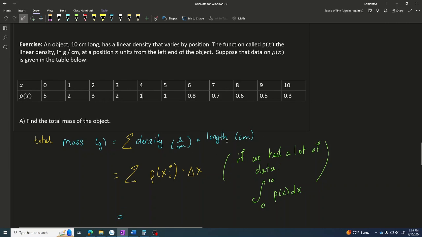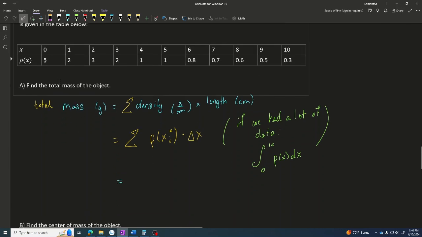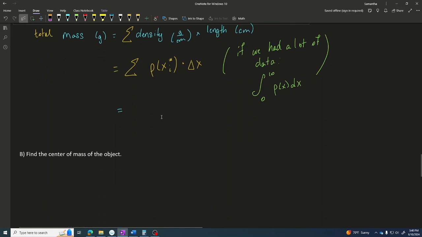And as I've told you, my preference a lot of the time is for the left one, really for no good reason. I just like the left one. So I'm going to go ahead with a left Riemann sum using these left values at these left x's on each of the chunks. And my delta x in this case would be 1 because that is the width and the distance between data points.